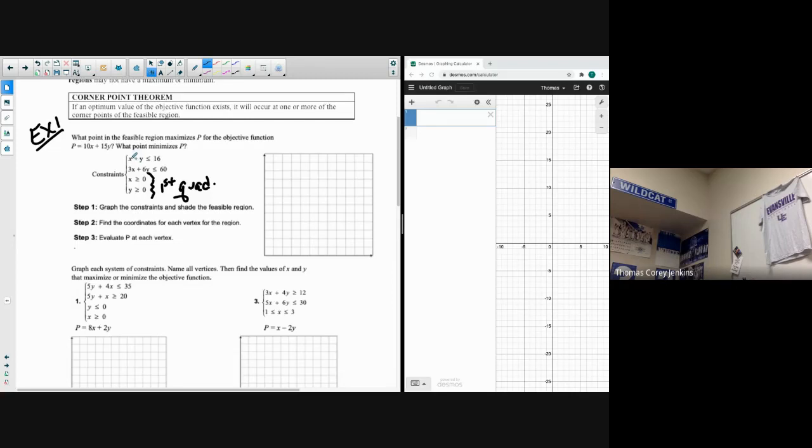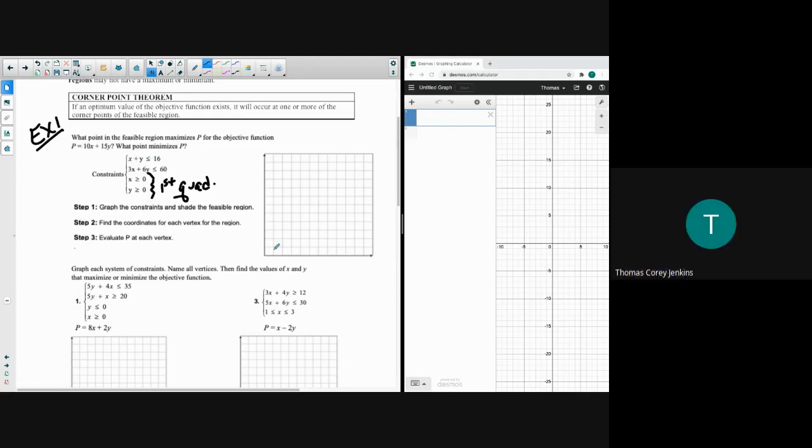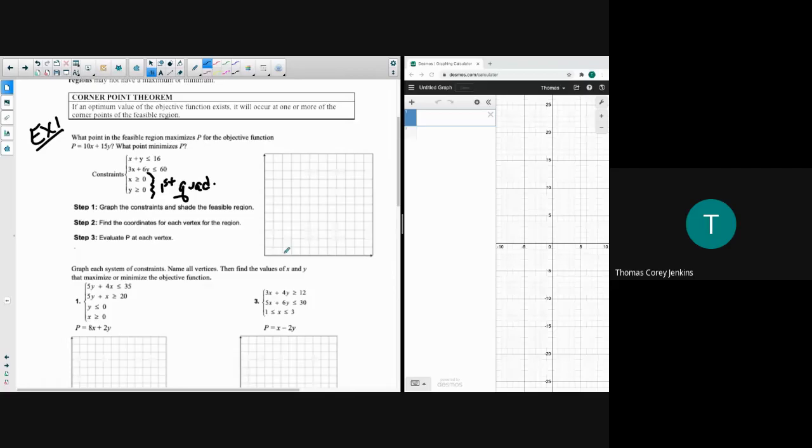All right, so these are nice standard form inequalities. So my x-intercept is going to be 16. So it goes through the point 16, comma 0. I think these graphs are 10 by 10. Let me make sure. 2, 4, 6, 8, or maybe 12. 6, 7, 8, 9, 10, 11.